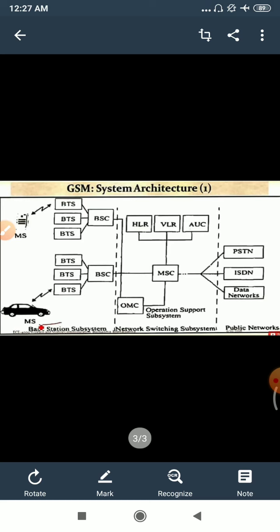After that we have the block called MSC. We will go into detail of each and every block step by step. Here we can consider the concept of a child-parent relationship. Consider the BTS as a child, while the BSC acts as a parent.